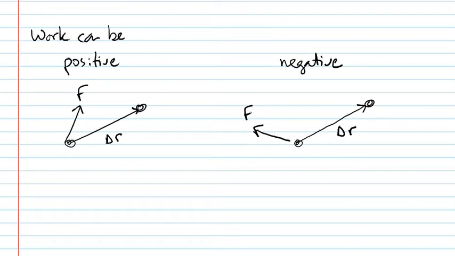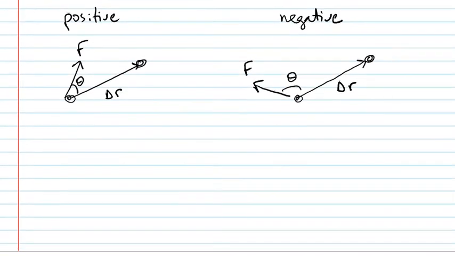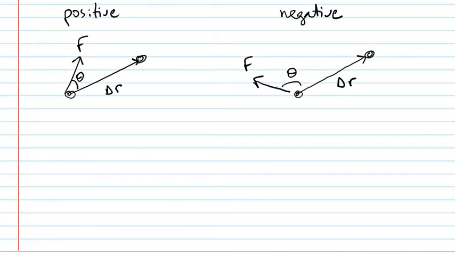And in fact, it's the cosine of the angle that takes that into account. In the positive case, where theta is acute, the cosine is a positive number. In the negative case, where theta is obtuse, the cosine is a negative number. So it naturally takes the sign of the work into account.